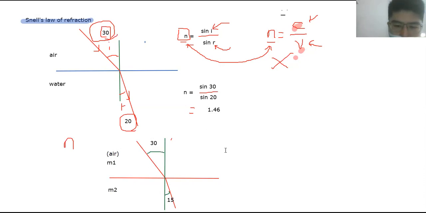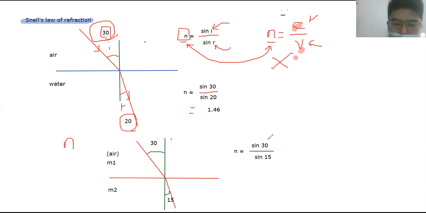Okay, so n equals sine I over sine R, n equals sine 30 over sine 15. What is this, Ryan? Can you calculate again?